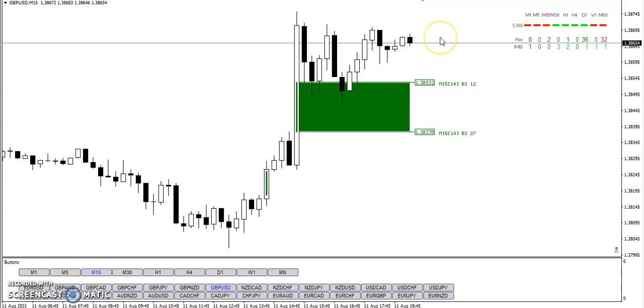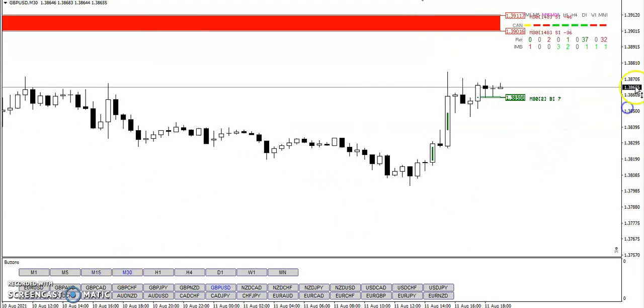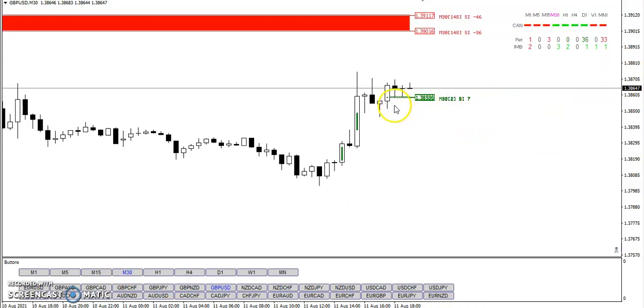So they're still open. So this is just giving you an idea how many open imbalances there are. So you can see there's one. Let's see. I got 1, 2.